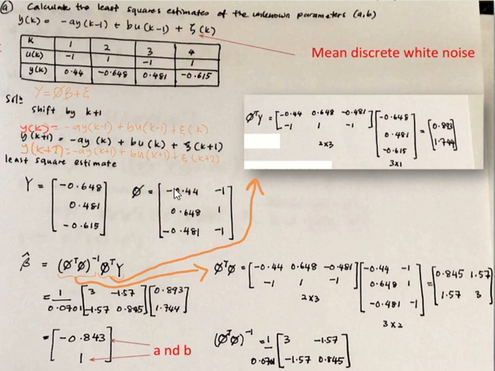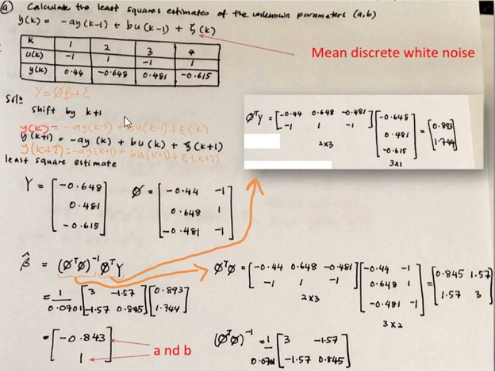The first is y: y at k minus 1, k, and k plus 1. K minus 1 is 0.44, and these values are here. Since we have negative, negative, negative, we put negative on the values. Then for b, the unknown, we know the values of u: u at k minus 1, k, and k plus 1 are negative 1, 1, and negative 1.